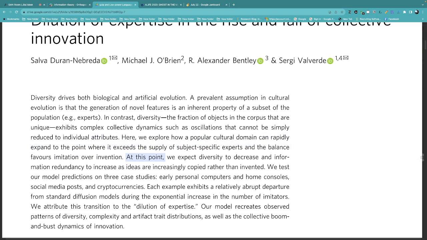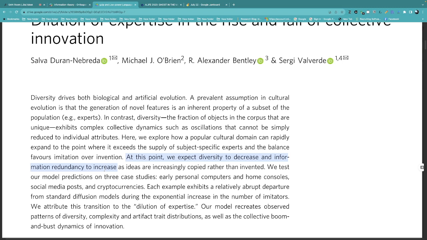At this point, we expect diversity to decrease and information redundancy to increase. So when we have a lot of imitation versus invention, we expect diversity to decrease. That was that collapse you saw with respect to Kolmogorov complexity, and information redundancy to increase, meaning you have redundant information.